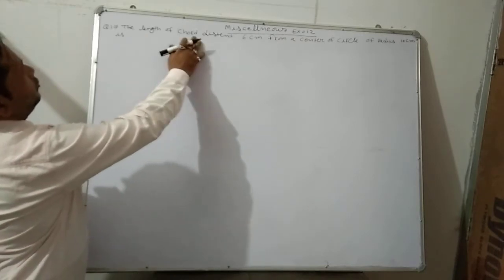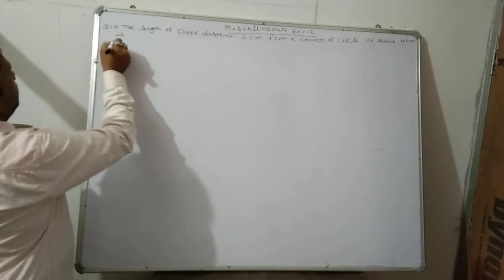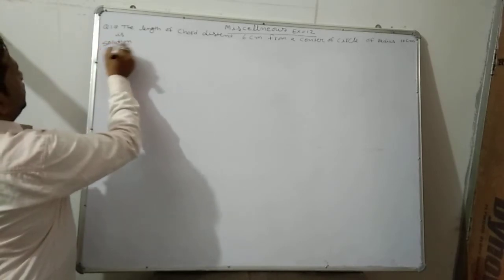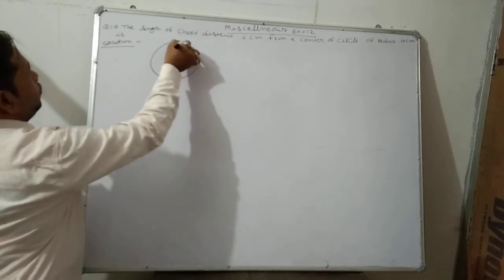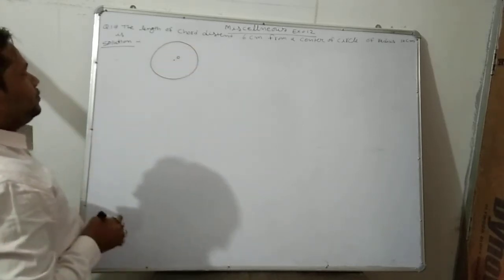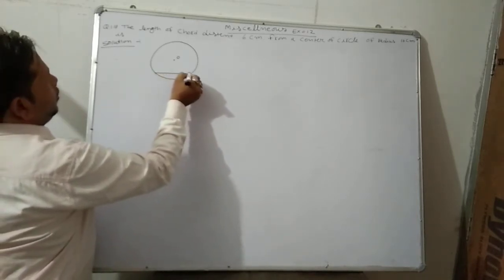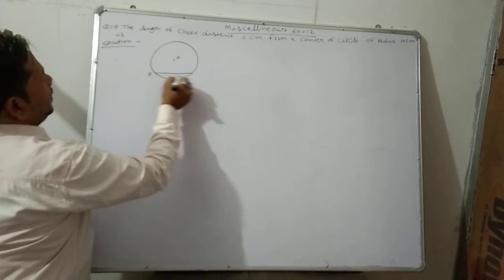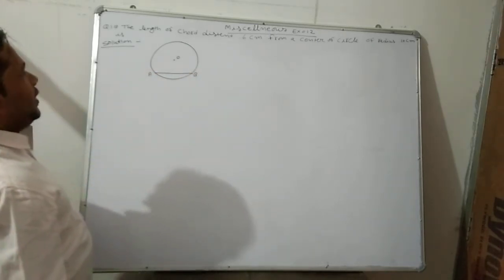So we have to find the length of the chord. Solution: let a circle have center O, and its chord be AB. Our target is to find the length of chord AB.